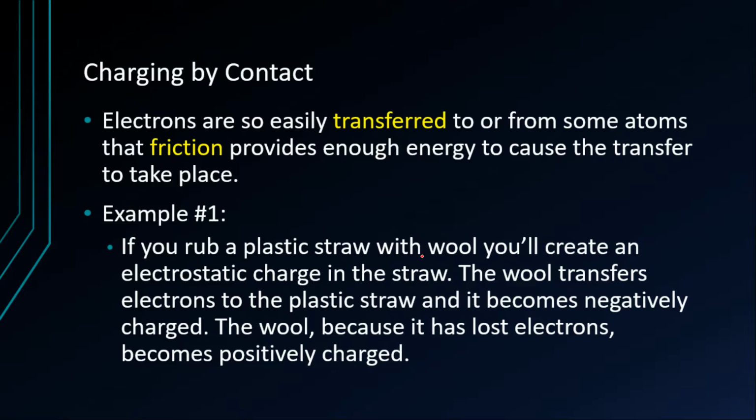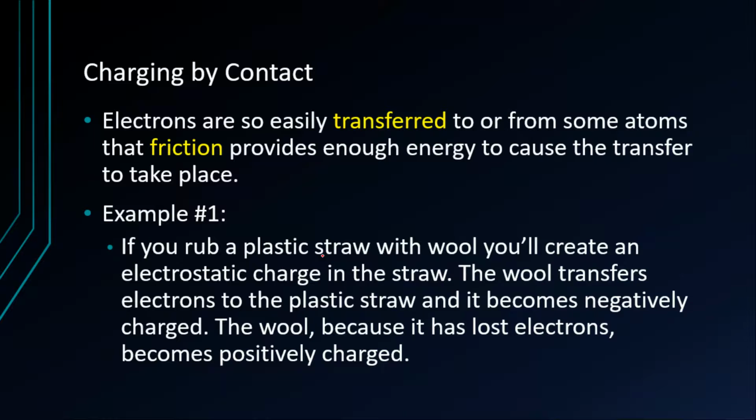Okay, so the next thing I want to tell you about is charging by contact. So like we were talking about touching the doorknob. Electrons are so easily transferred to or from some atoms that friction provides enough energy to cause the transfer to take place. Okay, so let's think about this, and we're going to try this out ourselves in class too.